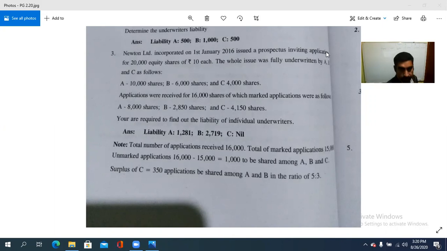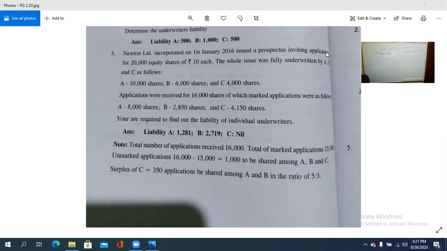Okay, then applications were received for 16,000 shares. Our total underwriting shares is 16,000, and the marked applications were as follows. So let's mark the application. How much is it? 8,000 for A, B is 2,850, and C it is 4,150.